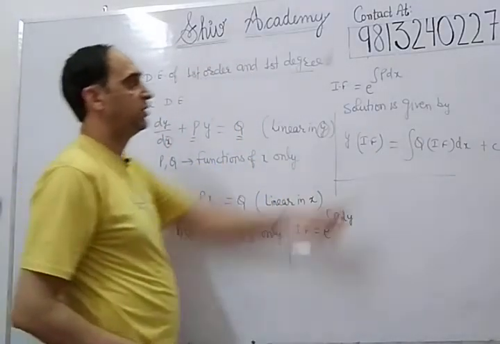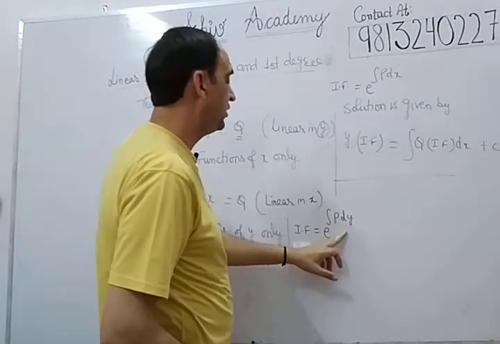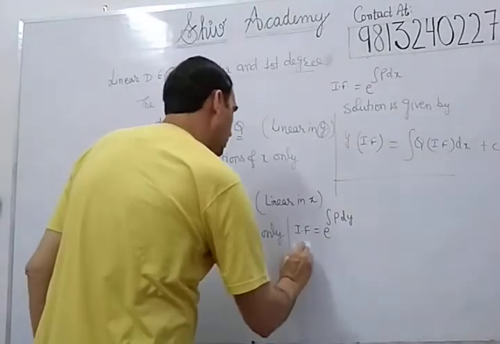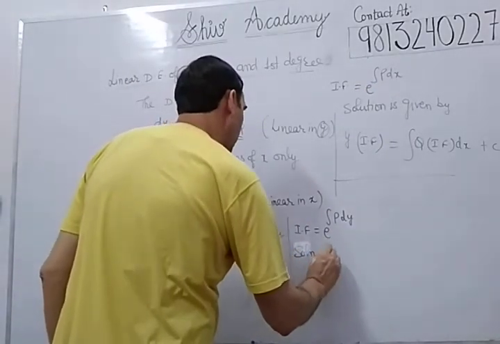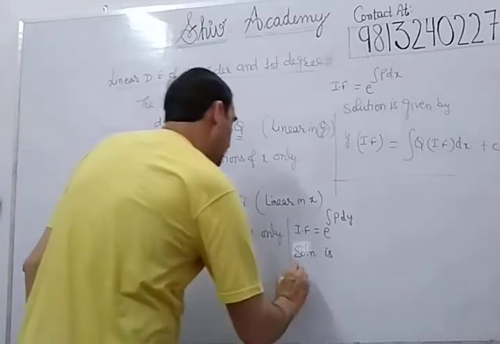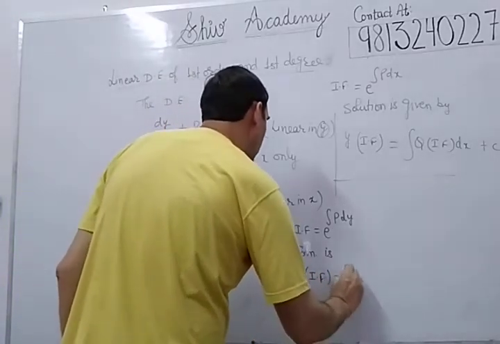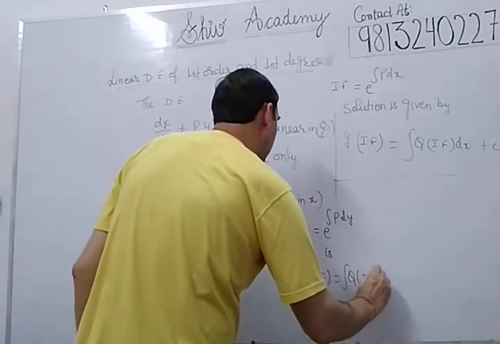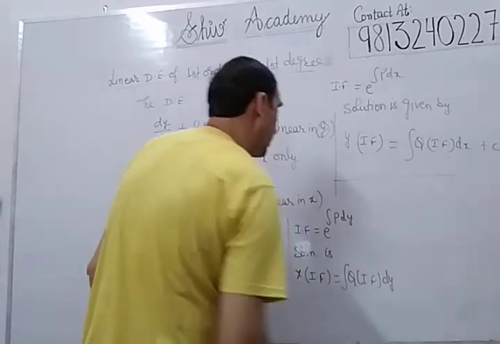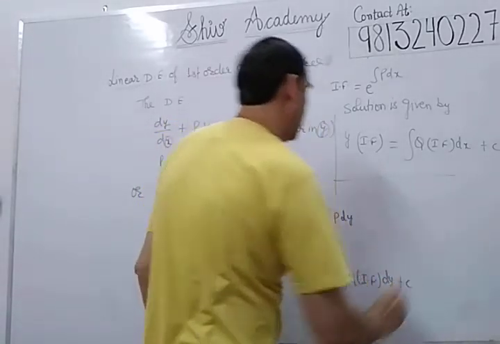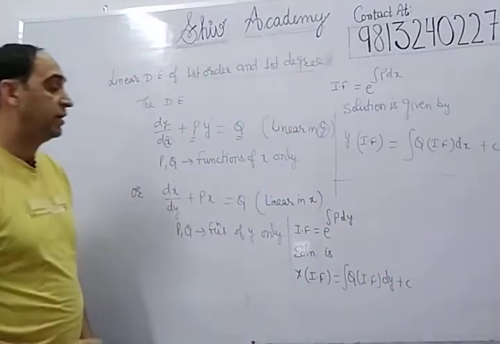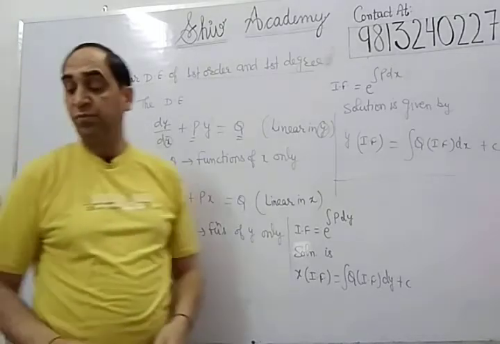In that case it was integral p dx, now it is integral p dy. And the solution is x into integrating factor equal to integral of q into integrating factor, now with respect to y, plus c. Then you will get the solution of such type of equations.